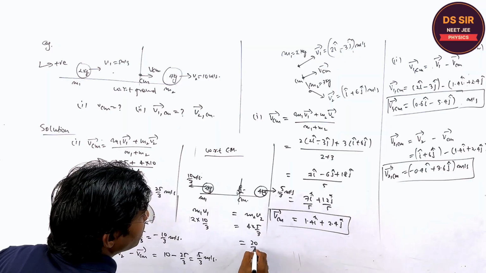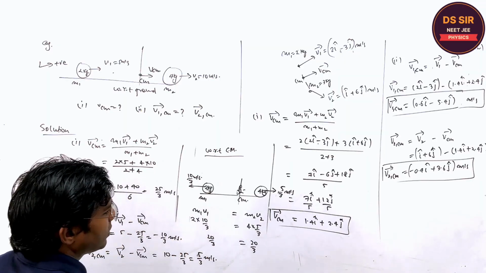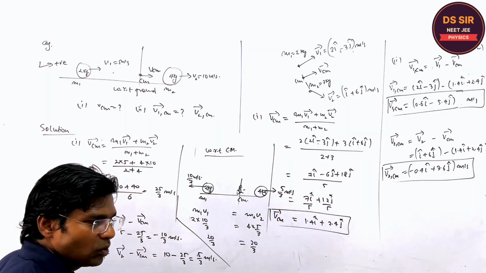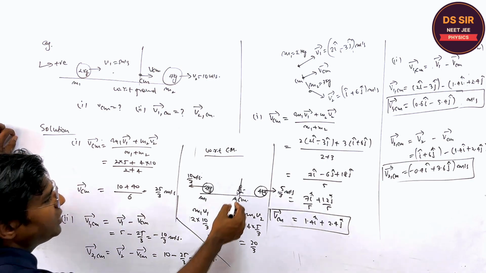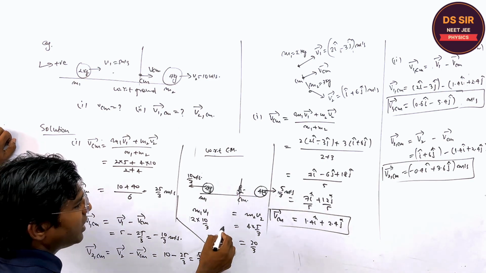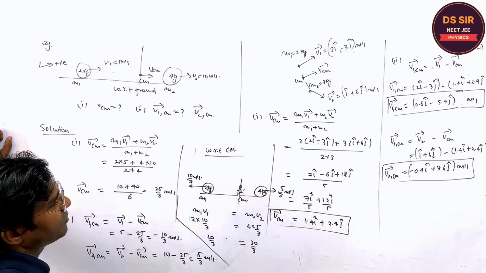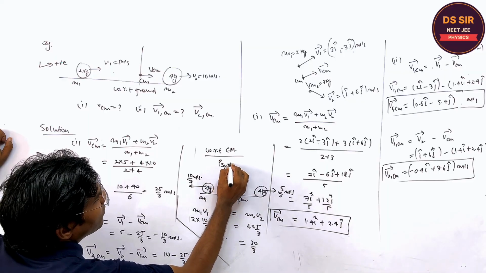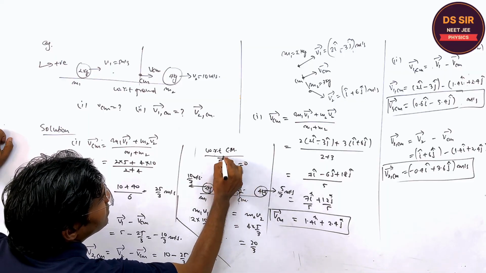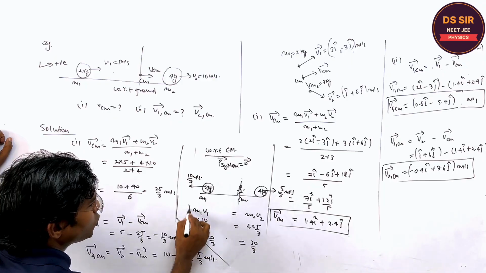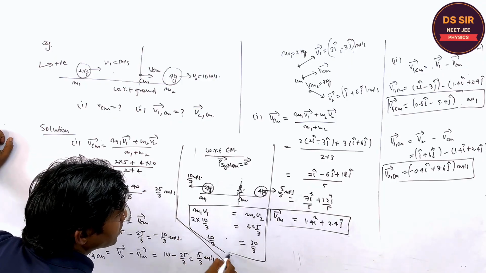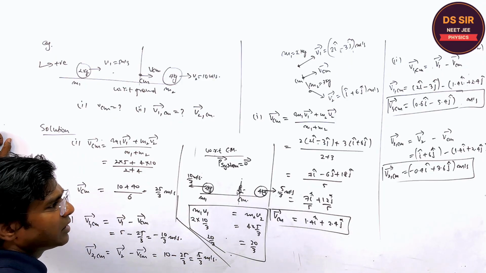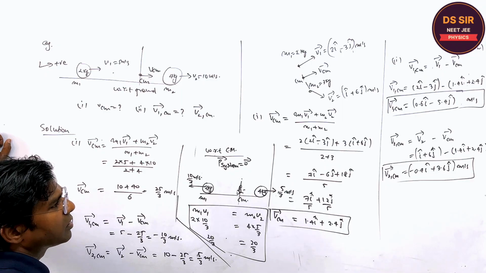It is 20 by 3 and 20 by 3. What does it mean? I want to show you that with respect to center of mass, the total momentum of the system is 0. With respect to center of mass, the momentum of the system is what? 0. I want to show you this thing only. Do you understand or not? Are you getting or not?